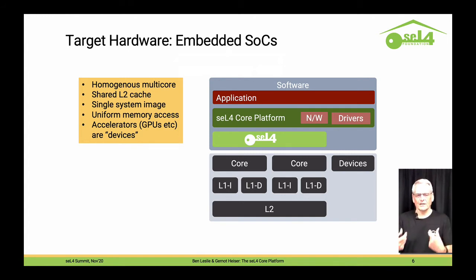It's homogeneous in the ISA, so that would still fit. It's a single system image, and that means we definitely restrict ourselves to a relatively small number of cores. It's uniform memory access, so again, that's representative of the typical embedded processors, and I already mentioned accelerators. Okay, so that's the sort of core hardware we're aiming for.